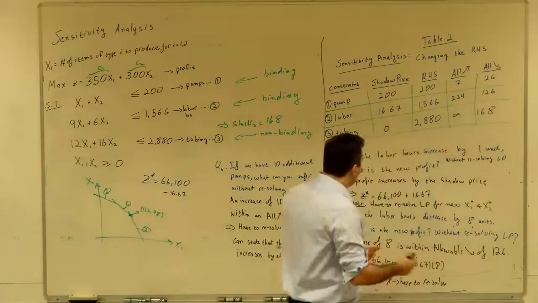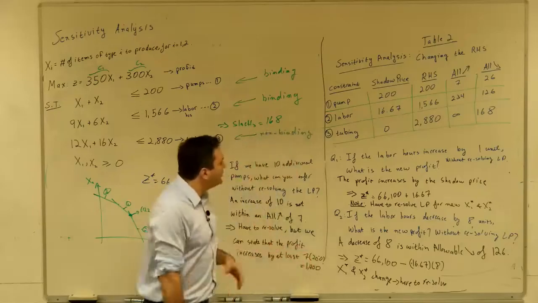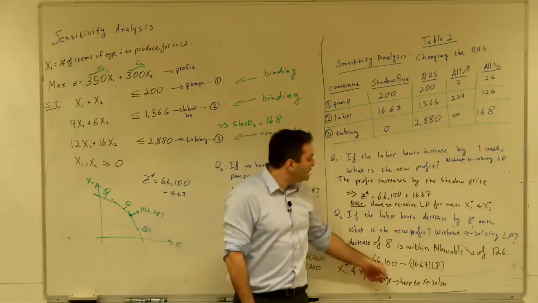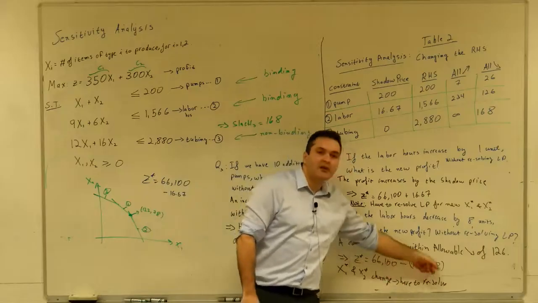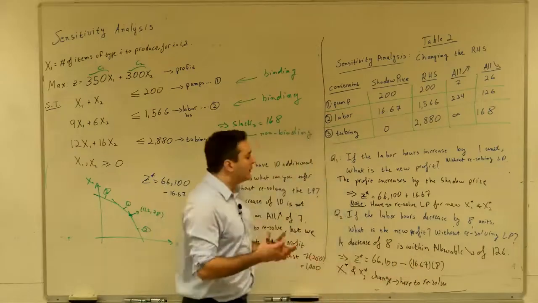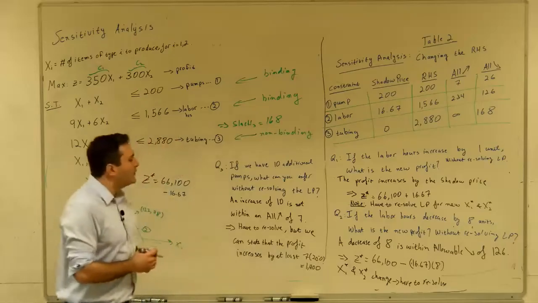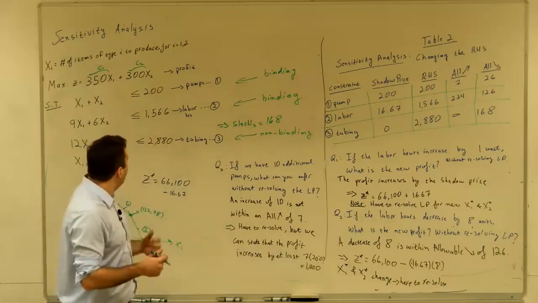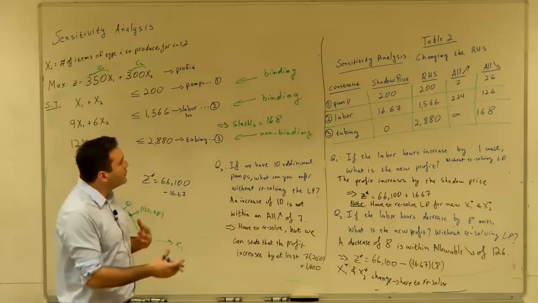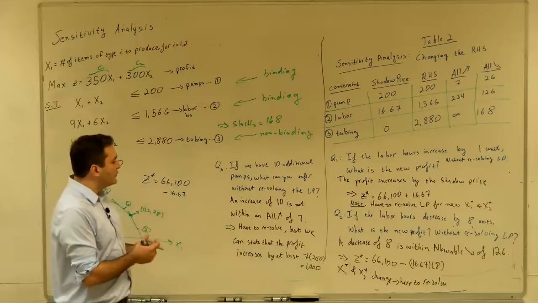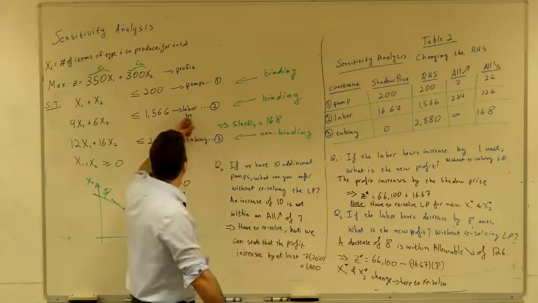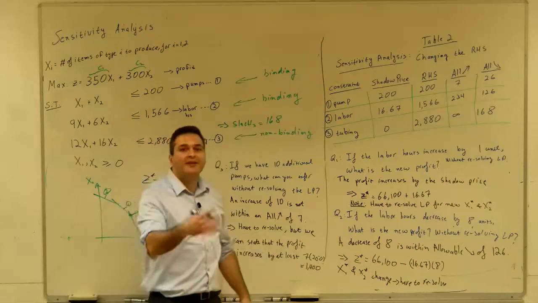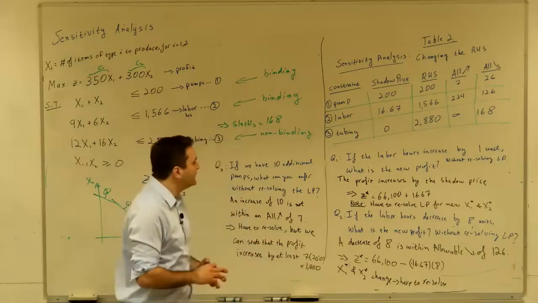So now I can state that the new profit is going to be 66,100 minus the shadow price of 16.67 times 8. So now this is my new profit, but when I want to find the new optimal solution, x1 star and x2 star, I will have to resolve the problem because I'm changing the right-hand side of a binding constraint.